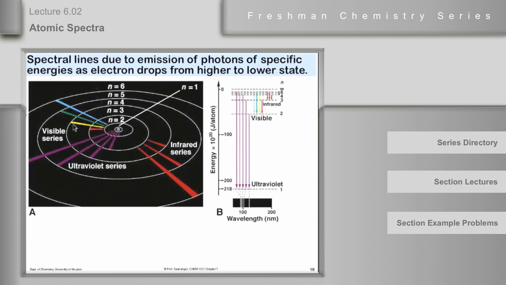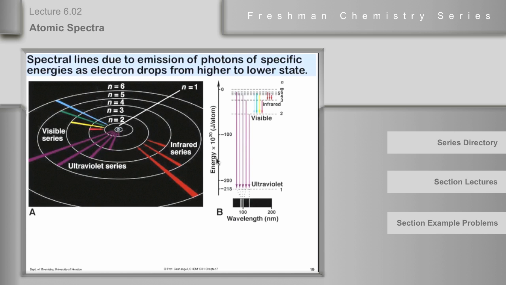For example, this yellow line right here would come when an electron in an excited hydrogen atom was occupying the n equal to 4 orbit, and it fell down to the n equal to 2 orbit. That would produce photons of the right frequency for something approaching yellow light. The four of these that you see here are intended to represent those four lines in the visible part of the hydrogen spectrum.